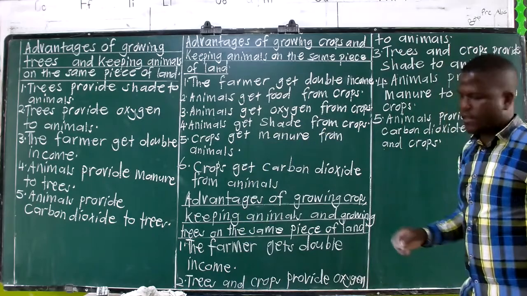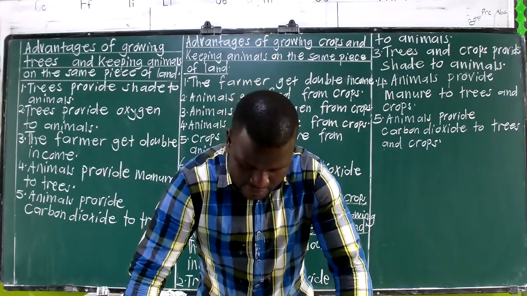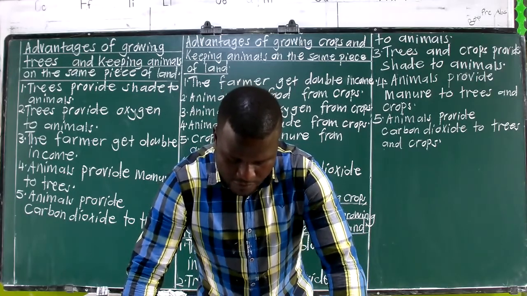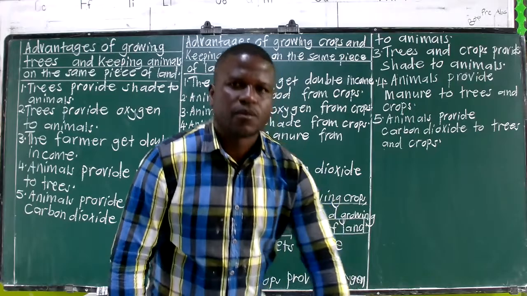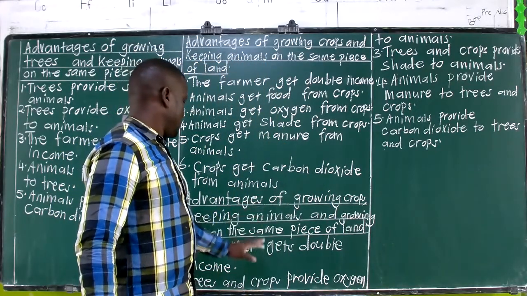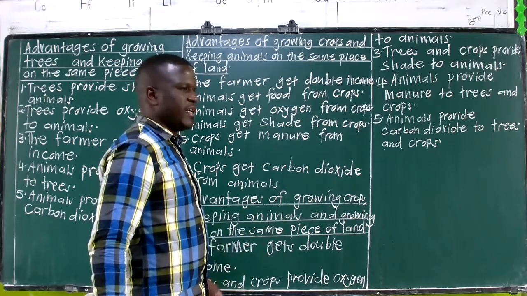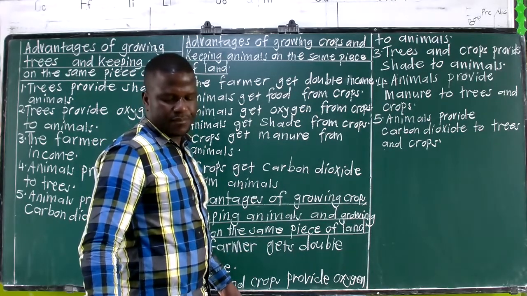So these are some of the advantages of growing trees and crops, then rearing animals on the same piece of land.